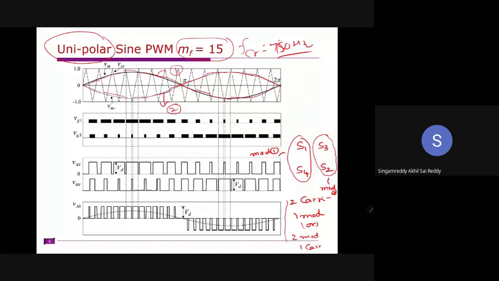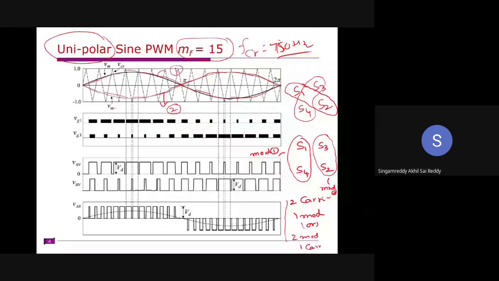In case of bipolar, you have only one modulating signal, so that controls these two switches, and another one is controlled by these two. Clear?